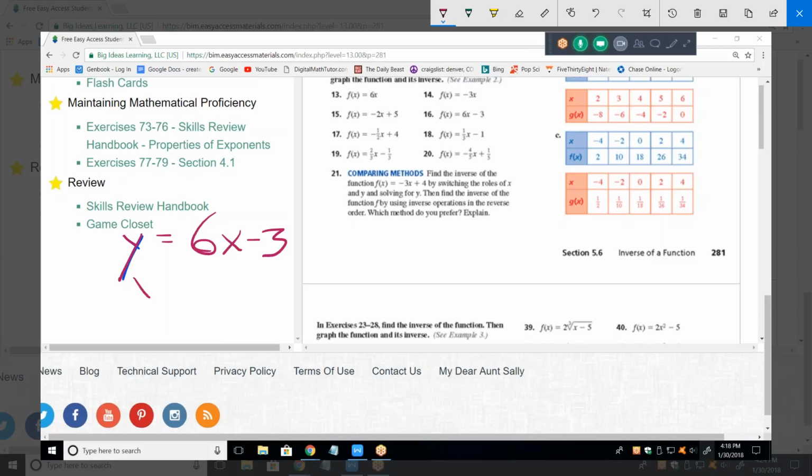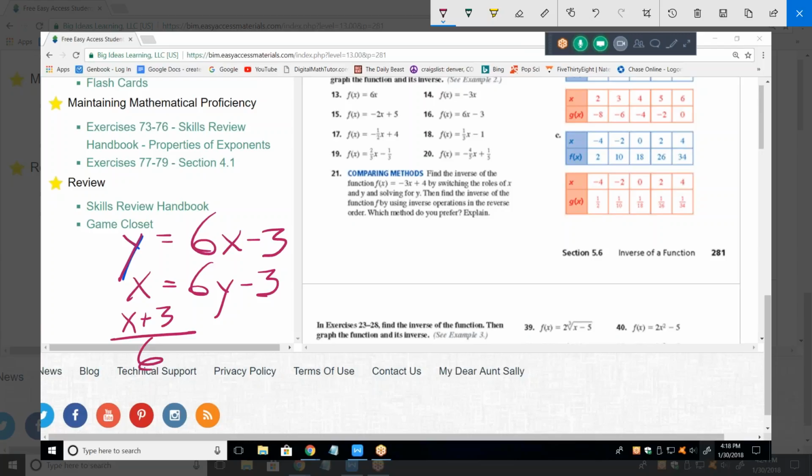X equals 6y minus 3. Keep going. And then x minus 3 over 6. No. How do I get rid of that negative 3? Oh, sorry, plus 3. So x plus 3 over 6.